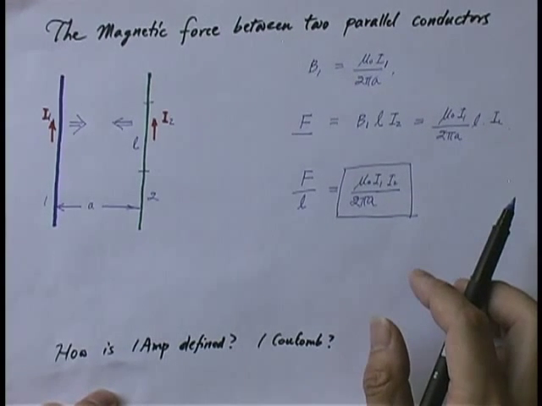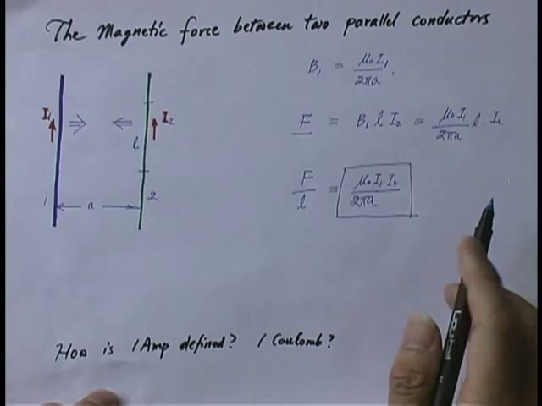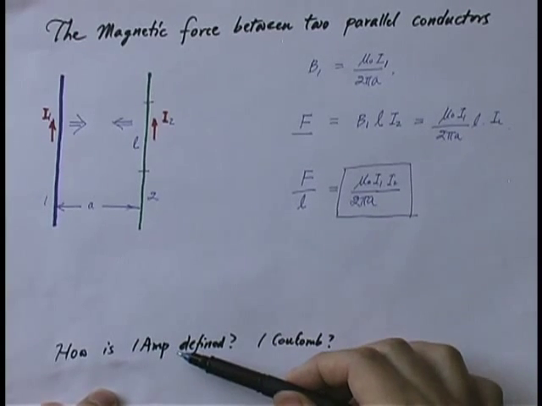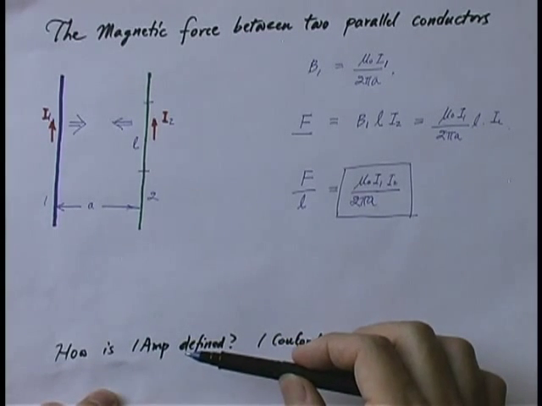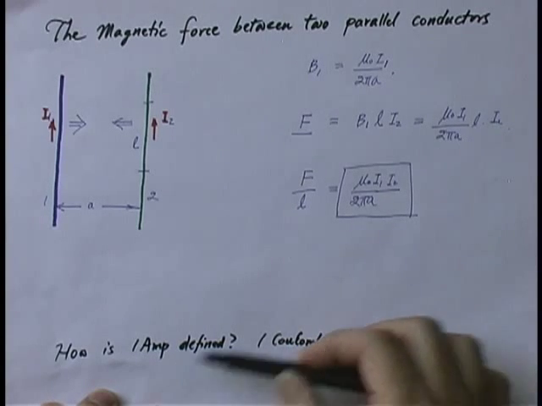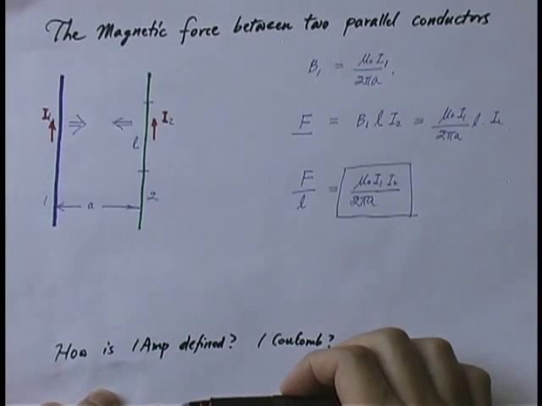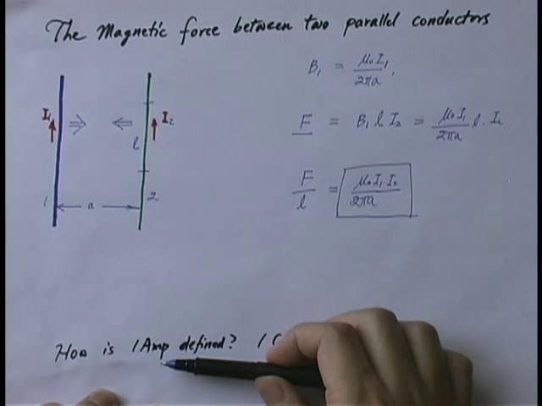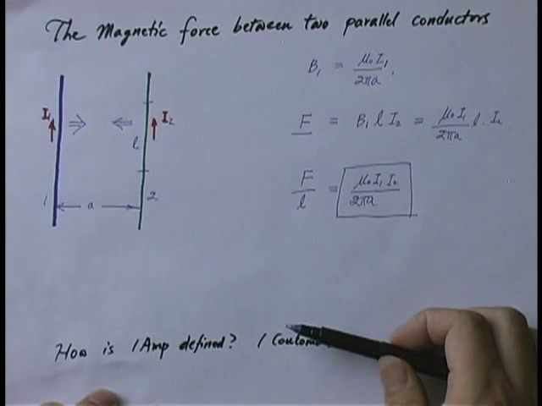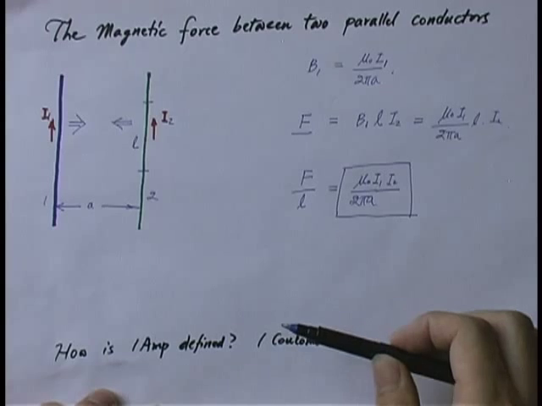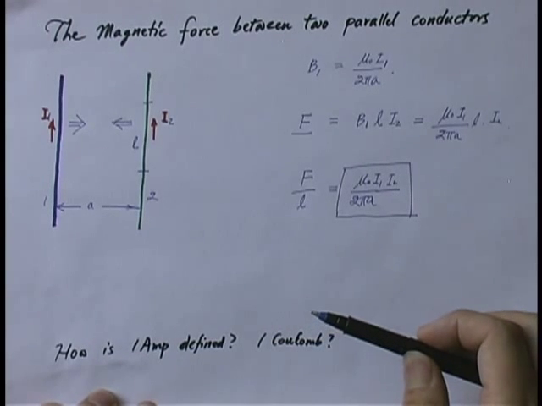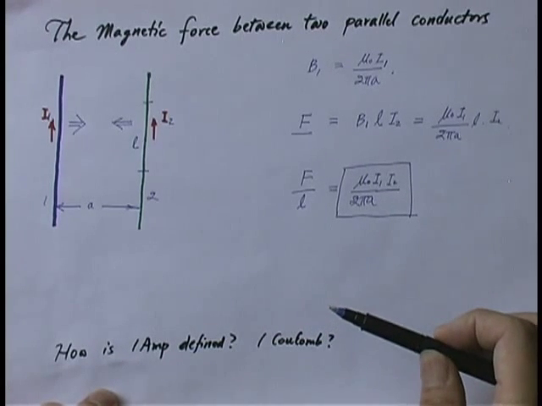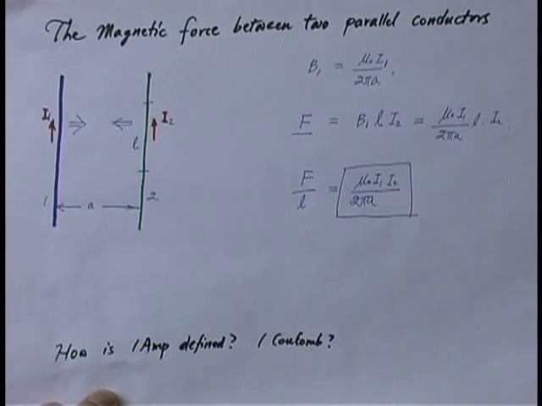Now, how is 1 amp defined? That in fact is something we can get from this expression. You might think that 1 amp is defined as 1 coulomb per second, but how is 1 coulomb defined? You say, oh, don't worry, I'm going to figure out the force between two point charges. But guess what? There is no such thing as a point charge, right?